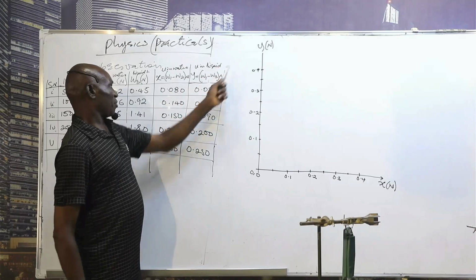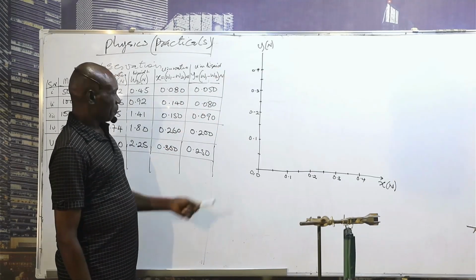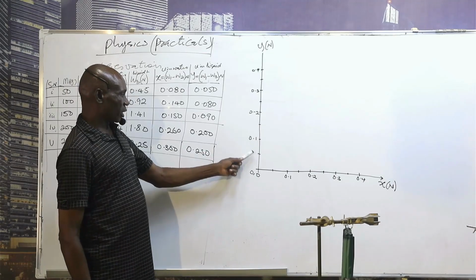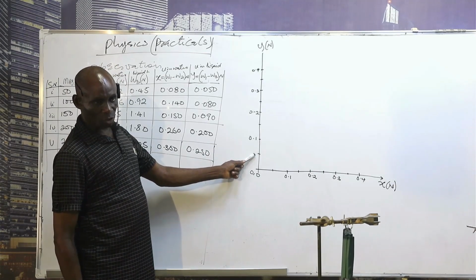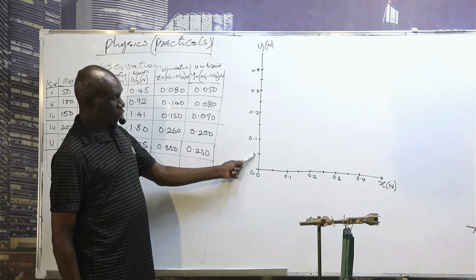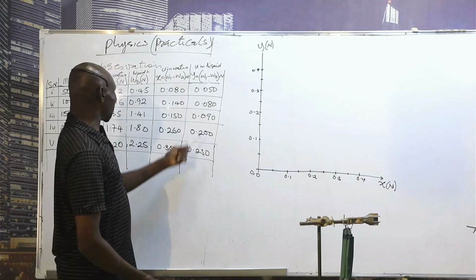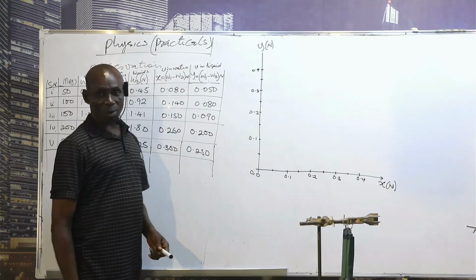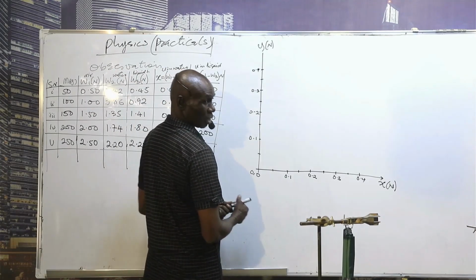The first value of Y is 0.05. This is 0.1. Here is 0.05. So this is the line 0.05 against the first value of X, 0.08.